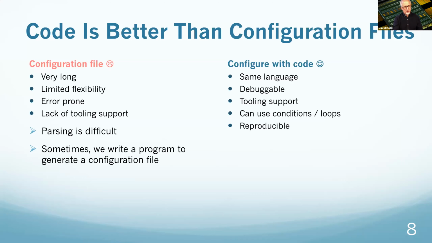It tends to be long and has limited flexibility. You make typos, and you can't automate this process, or if you do, you write another program that generates a configuration file. So instead, we want to configure this in code. We provide a set of tools, and now we can use conditionals, we can reproduce results, and it's all built in the same language that the simulator is. This has a lot of benefits.